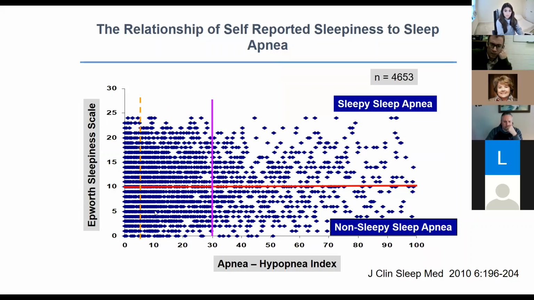As you can see, there are a number of patients with pretty bad sleep apnea, the 30, remember, is that cutoff of severe sleep apnea, who really don't report significant sleepiness symptoms. And there are also folks with very mild sleep apnea who report significant sleepiness. So again, there's not necessarily a relationship between symptoms and severity, but there is a relationship between outcomes and severity.